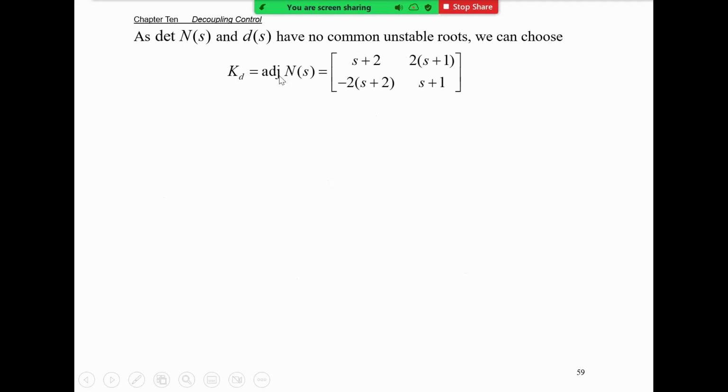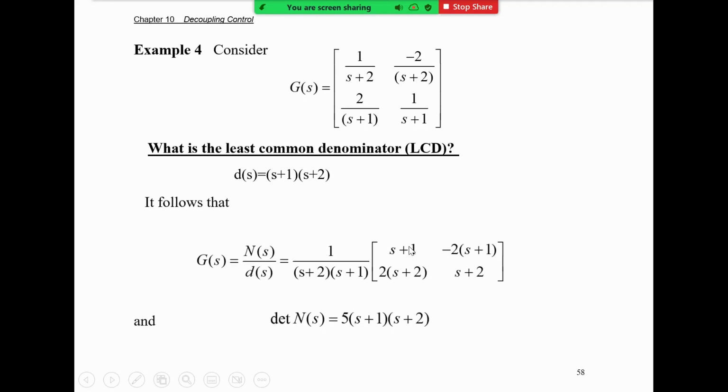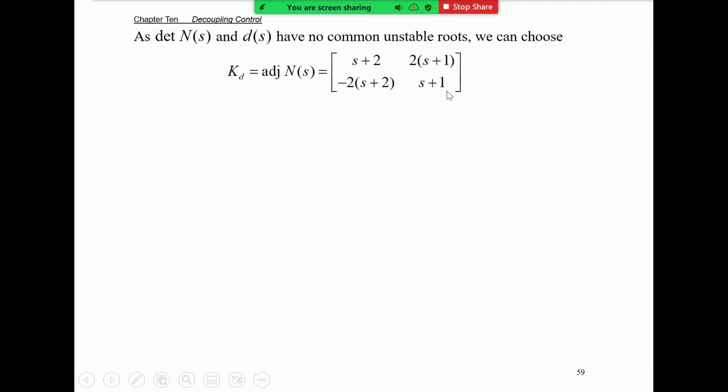KD is just the adjugate matrix of N. Here is N. So you take the adjugate matrix and you get KD. And we know the final answer, G times KD, is just the determinant of N over D. It's just one number, 5.